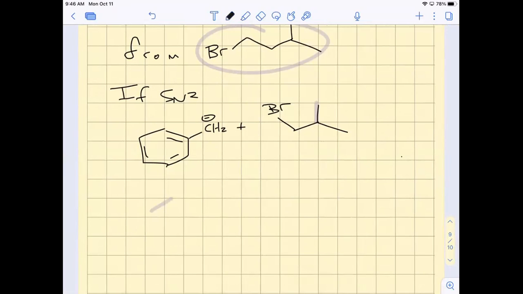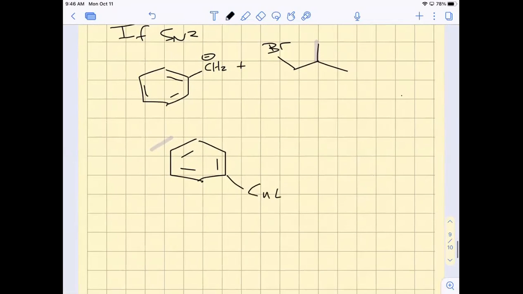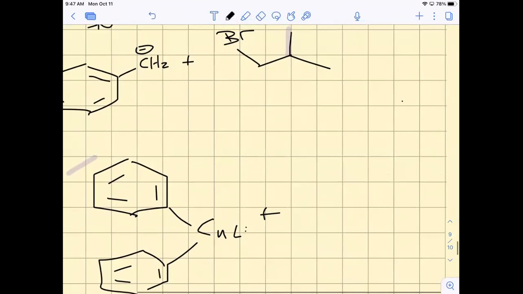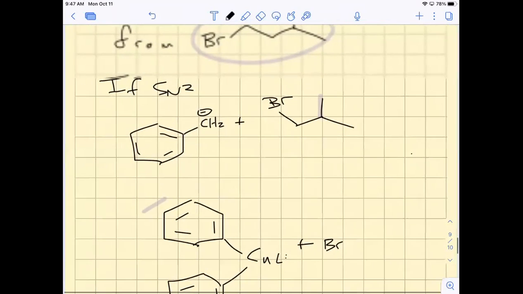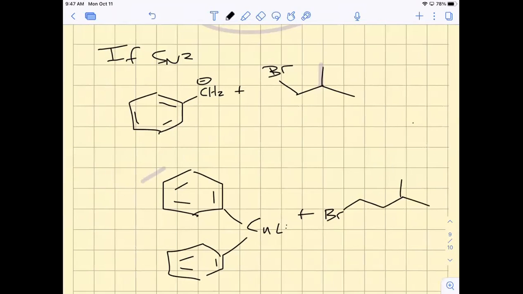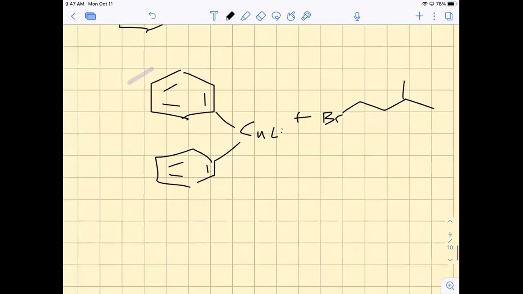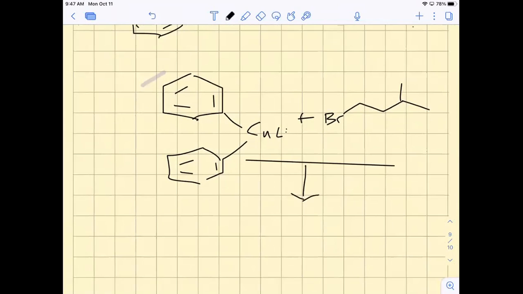So if we did a Grignard, so we start with this, or Gilman. So we can start with that. Is that right? Yep. Start with that plus our substrate that we had. Come on, Russell, get it right. Like that? Absolutely, we could couple those two together and get the product that we want.